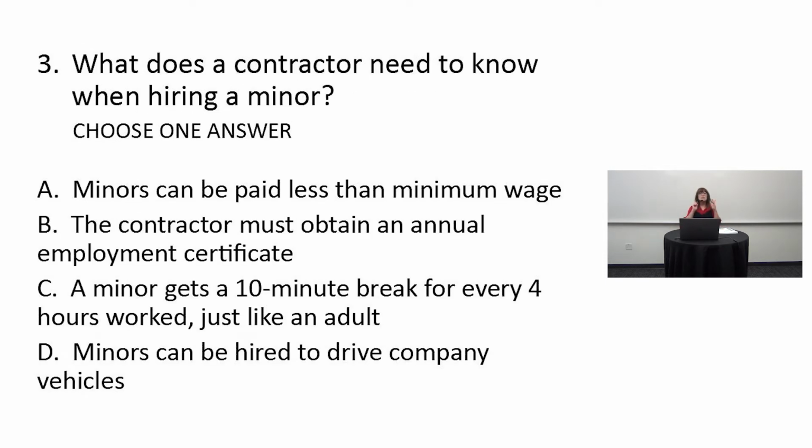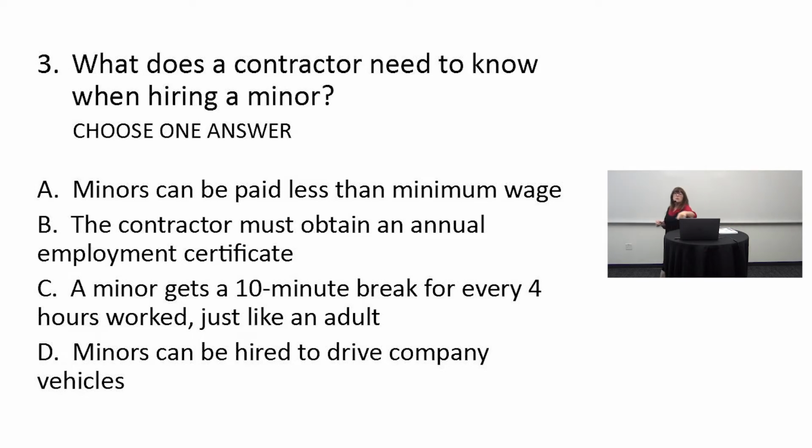Number 3, what does a contractor need to know when hiring a minor? A, minors can be paid less than minimum wage. B, the contractor must obtain an annual employment certificate. C, a minor gets a 10-minute break for every 4 hours worked, just like an adult.